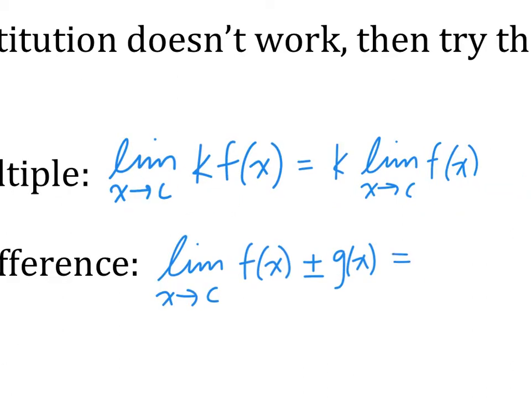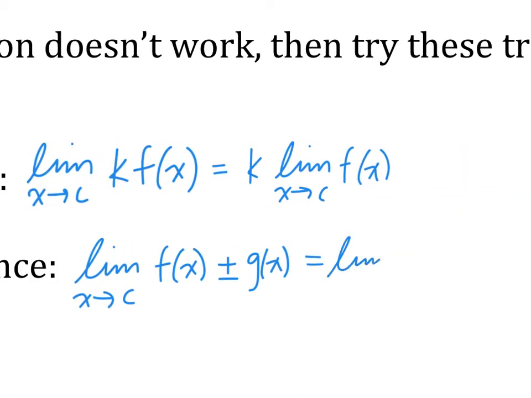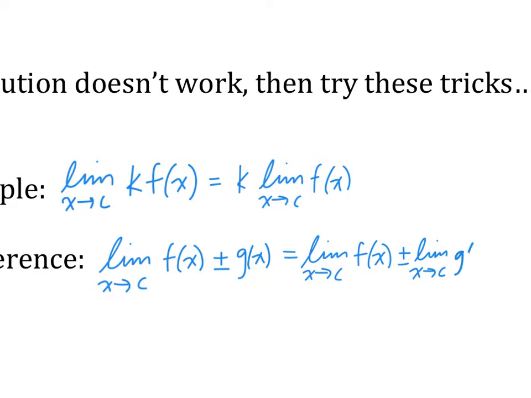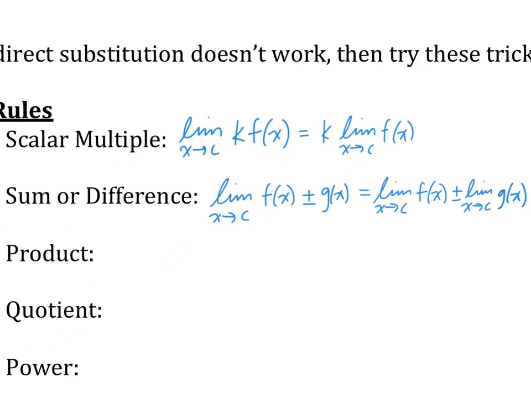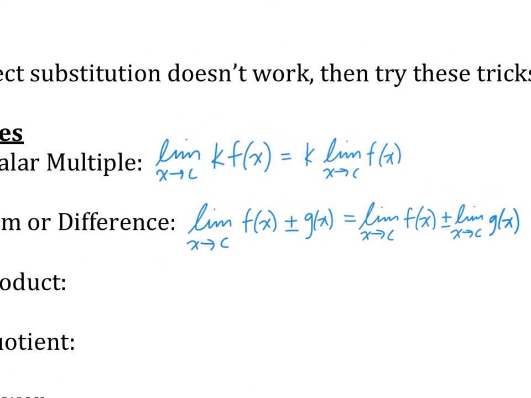You could split them up into two limits: the limit as x goes to c of f of x, plus or minus depending on the question, the limit as x goes to c of g of x. Essentially you can break the limit of two functions into two limits of two functions. All right, pretty intuitive.